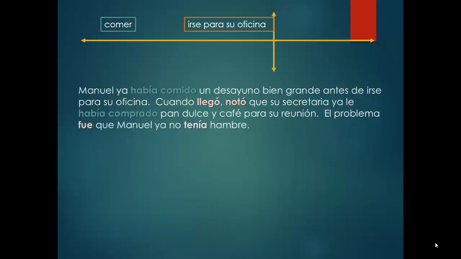And in the second sentence, we see that the buying of the pan dulce happened before Manuel came into the office. It's because we want to mark certain actions as having happened before others. And this is why we use the pluperfect in both English and in Spanish.